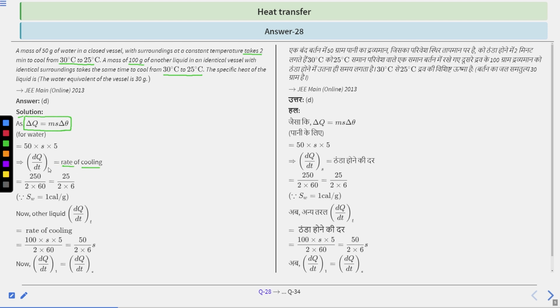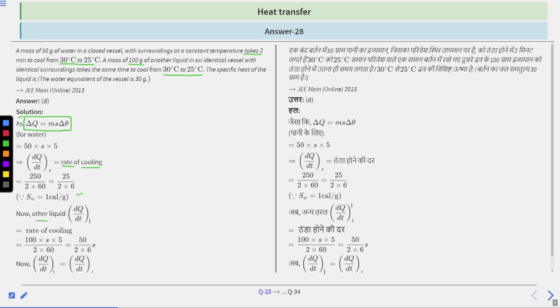dQ upon dt is the rate of cooling. So let this be in terms of S, and putting all values, 250 divided by 2 multiplied by 60 is equal to 25 divided by 2 into 6, where S_w is equal to 1 kilocalorie per kg.